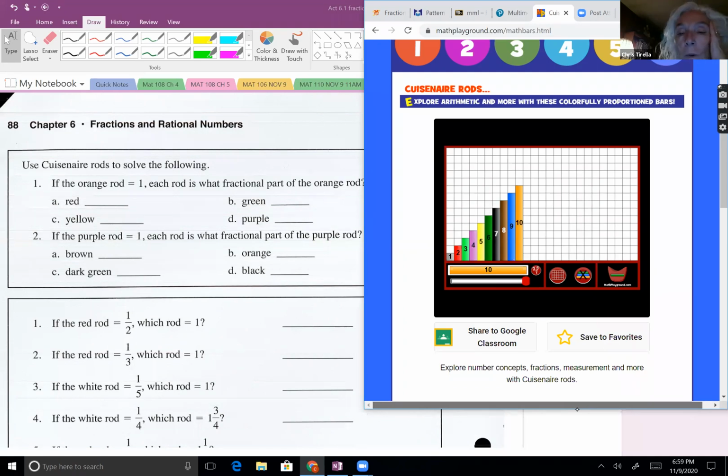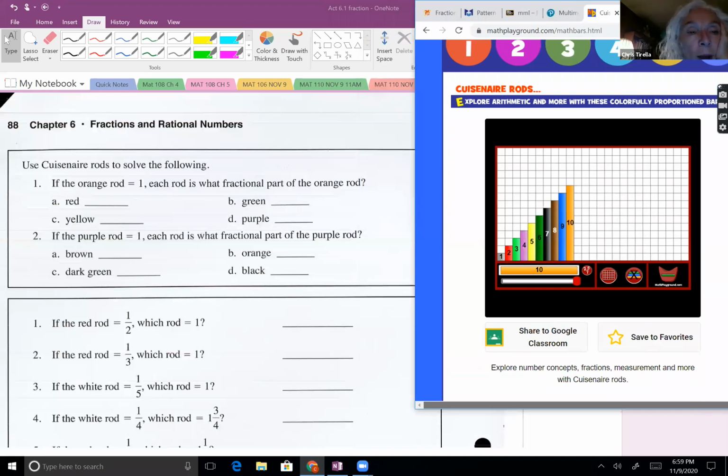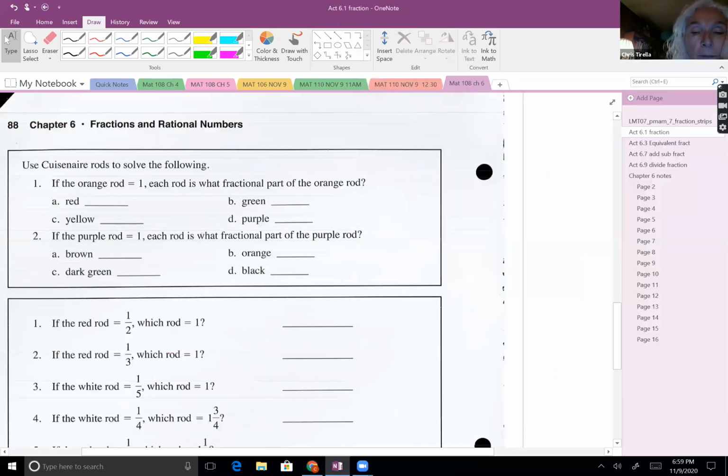And so let's have you folks take a minute and use your own rods to answer this page from the activity manual. And why is this not letting me slide it around?